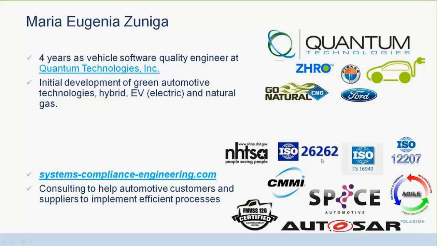And then there is ISO 26262, which probably you are familiar with for safety, and 16949, which is the whole product development process, software, Automotive SPICE, CMMI, AUTOSAR to build architecture, and everything needs to be agile. And the federal requirements, like FMVSS 126, electronic stability control.